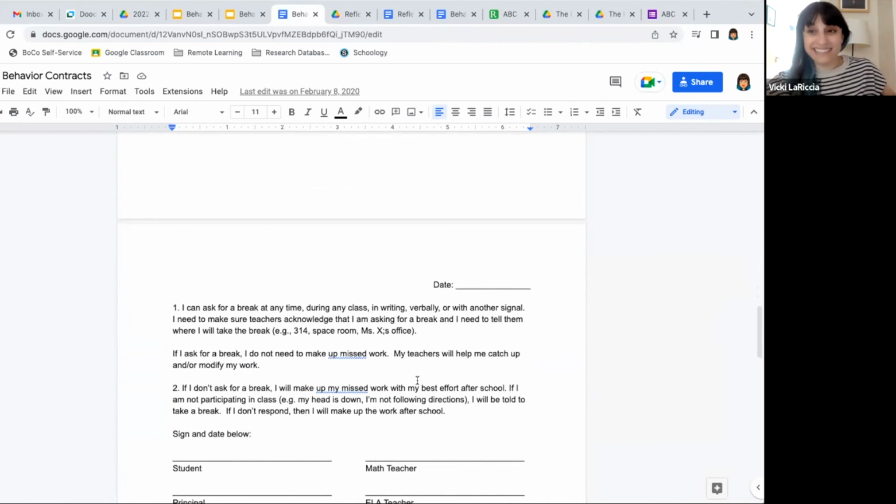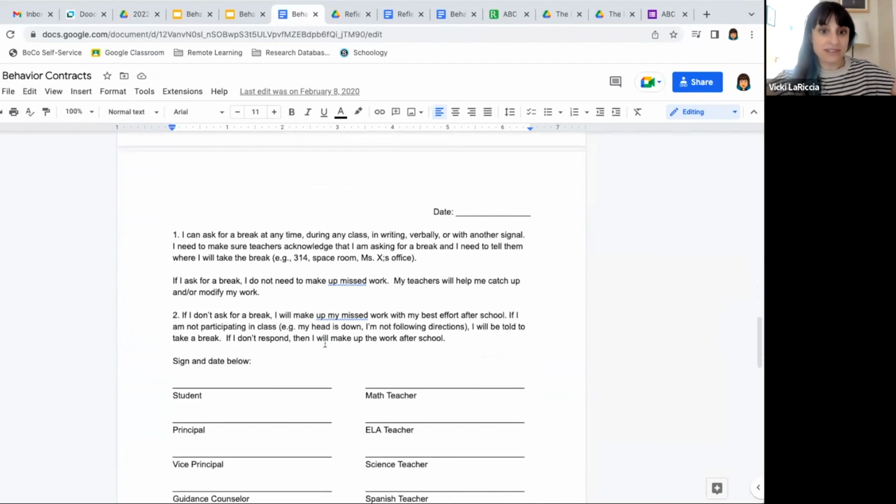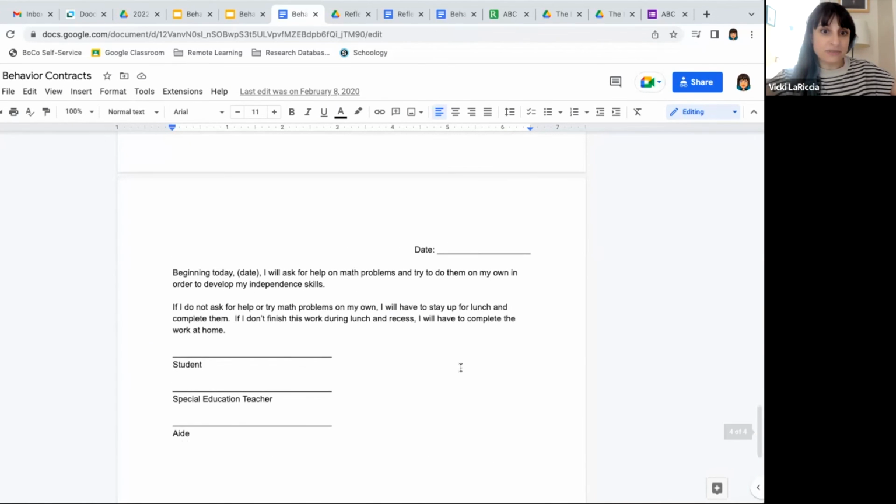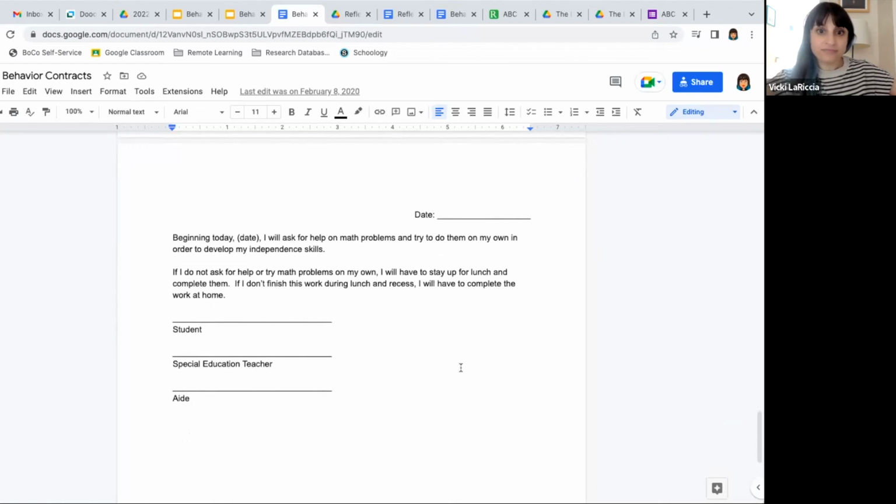Oftentimes I have students write these with me, and they're sitting next to me, and we're like, all right, look, what is the goal? What should your behavior be like? How are you going to get there? What can I do to help you? And I type all their words into the contract, and then we all sign it. So I'm not really reading these to you, but you can read them. And again, sometimes they work and sometimes they don't.